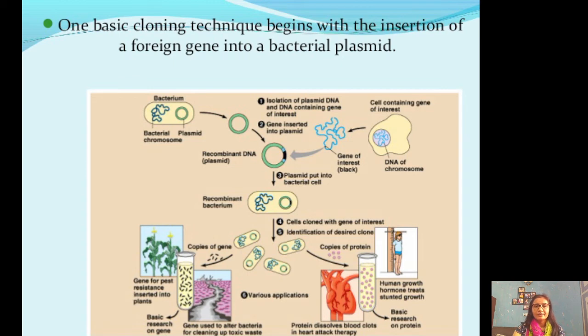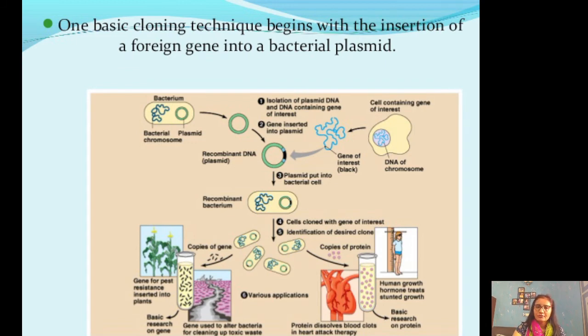For example, we will take a bacterial cell for plasmid isolation. Then we treat this bacterial cell with enzymes for the isolation of plasmids. When we have isolated these plasmids, we have to select the genome to be cloned.